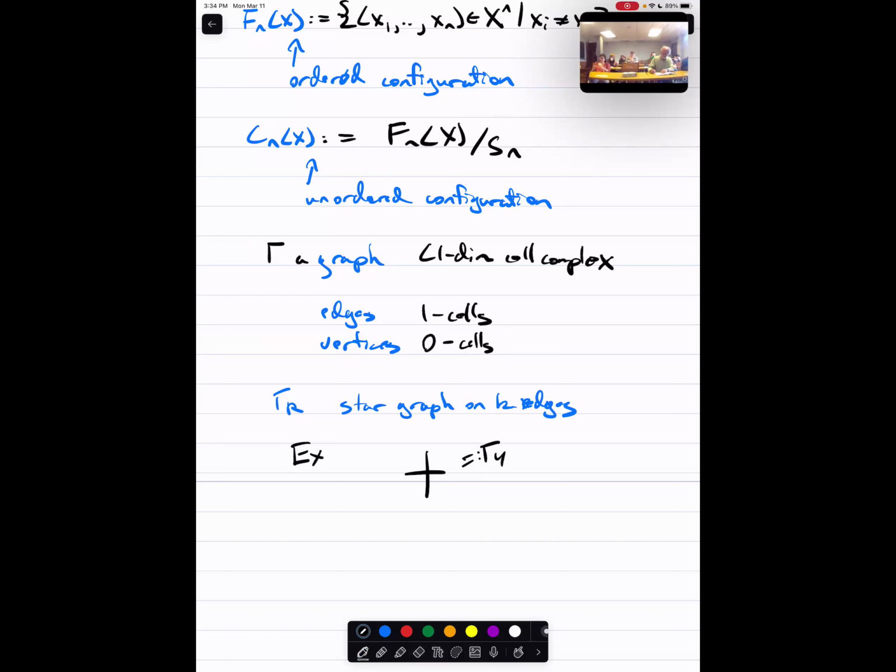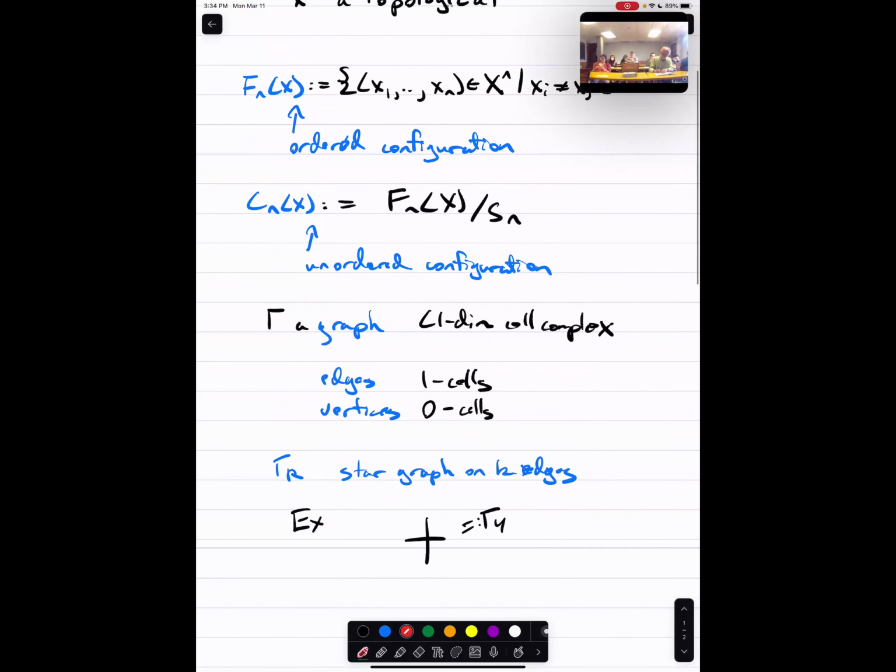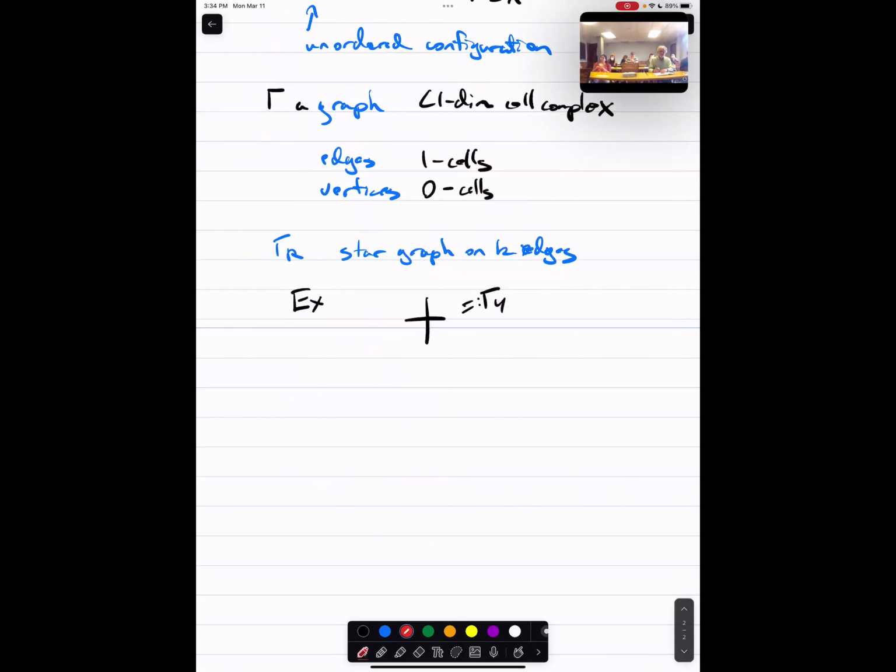And we want to know, how does the topology of these spaces change as n increases? So the main result that we're going to get to at the end of today is going to be nice, but nice in what sense?